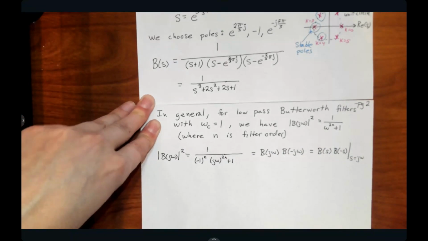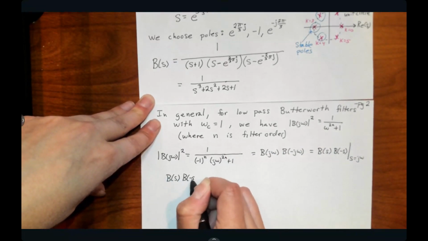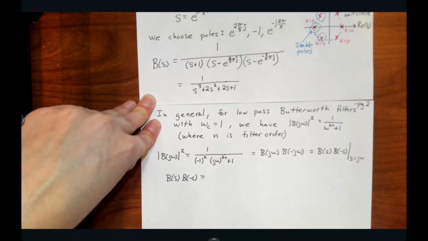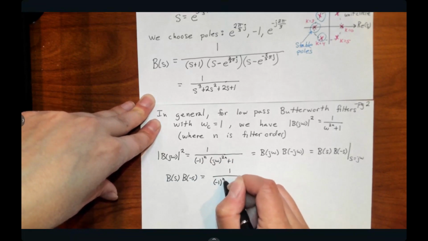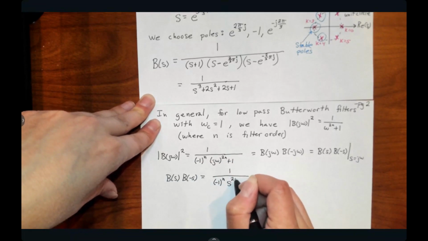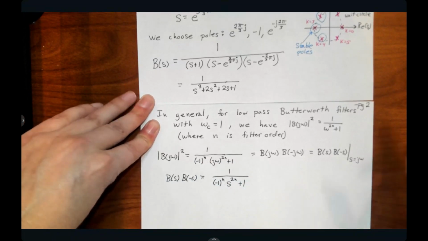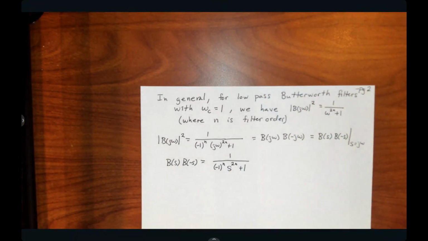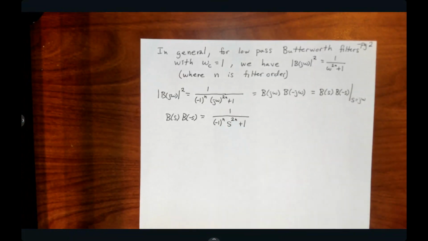And what we get, and you'll see this in your reference tables towards the end, is that this B of S, B of minus S, is going to have the form 1 over -1 to the n, S to the 2n plus 1. Depending on what your order is, if you want a 3rd order, then you're going to have -1 to the 3rd, S to the 6th plus 1.